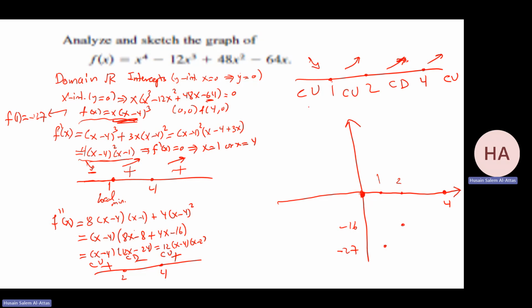Sorry, it will do something like this. I want to make it concave up and decreasing all the way.